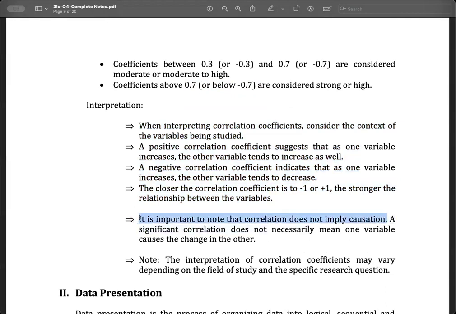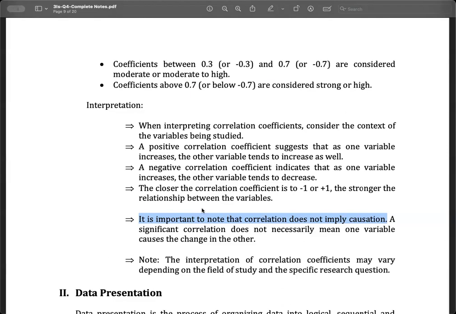A significant correlation does not necessarily mean one variable causes the change in the other. There is a certain association or correlation between the two, but again, it does not imply causation, right?